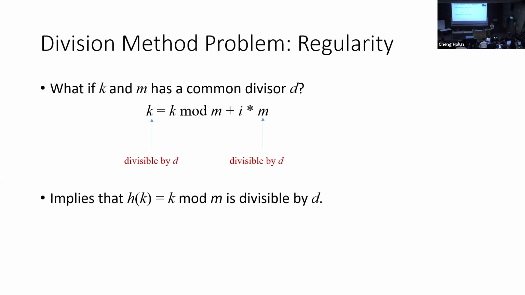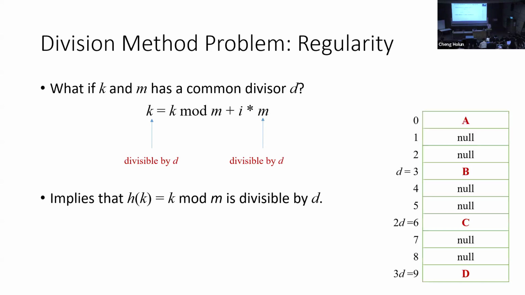Did you get the math? Okay. If your key is divisible by D, and your table size is also divisible by D, then your hash value will be divisible by D. What does it mean for your hash value to be divisible by D? That means your hash value is only going to be a multiple of D. Then your collisions will be very big.